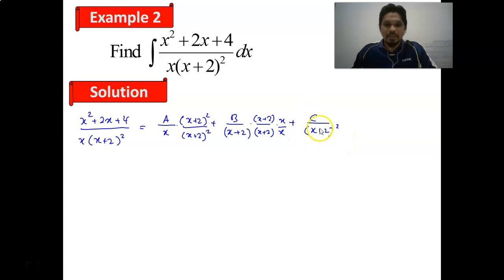For this one, it already has (x plus 2) in bracket squared, we just need another x.